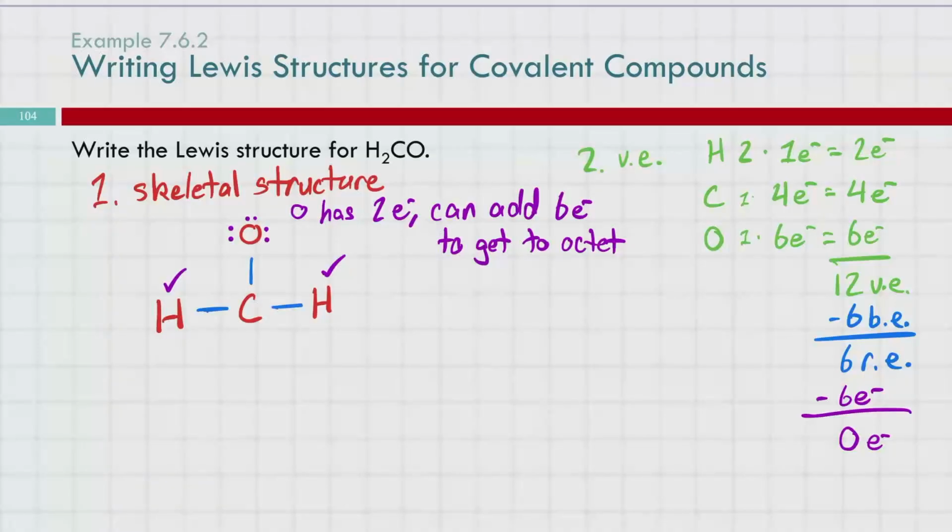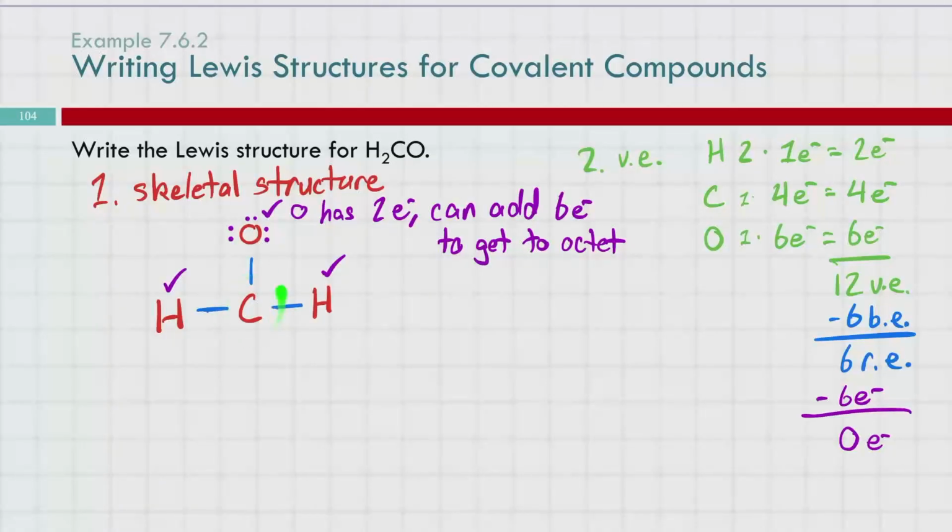So let's go through and check our octets. We already established that our hydrogens were happy because they've got their 1 bond, they've got their duet. Does our oxygen have 8 electrons? Yes. It has 1, 2, 3 lone pairs, which is a total of 6 electrons, 6 dots. It also has 1 bond, which is another 2, so it's got a full octet.